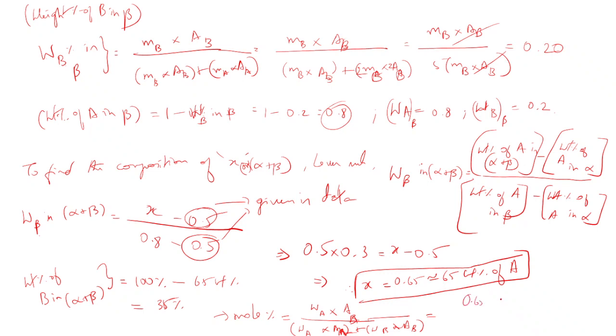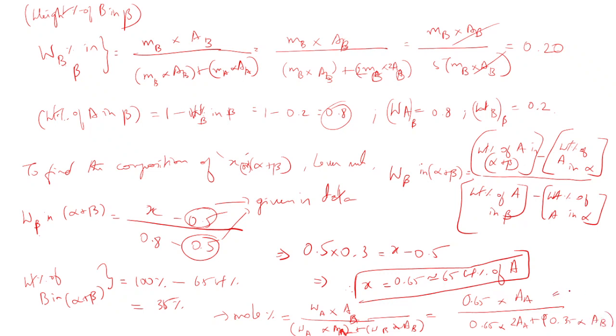So what we get is 0.65 times A divided by 0.65 into 2 times A plus 0.35 into AB.